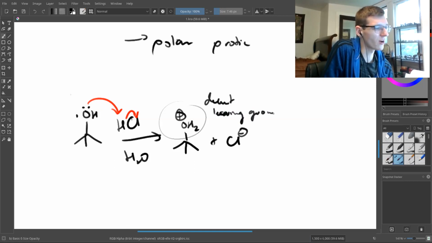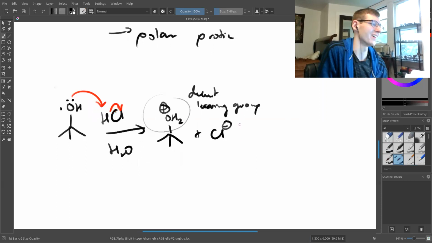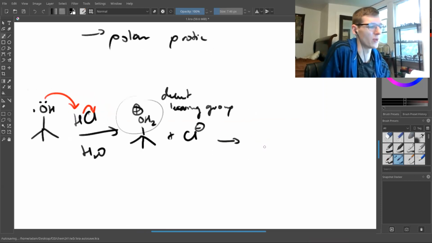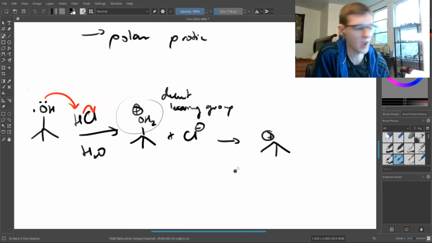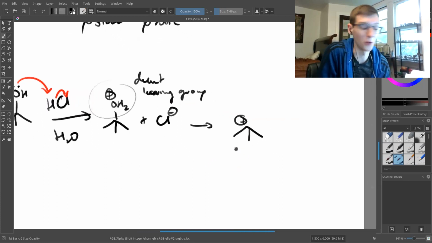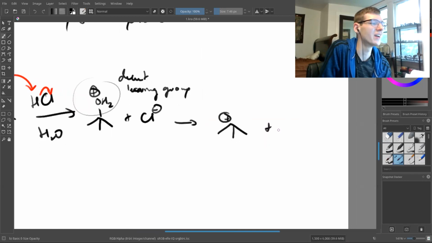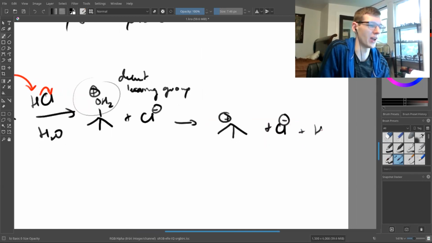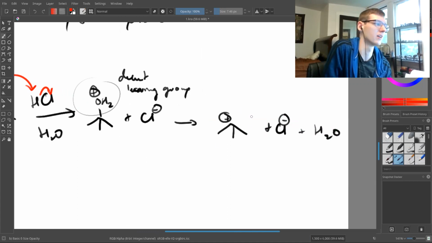I actually probably even called it a good leaving group. And now here we go. We could pull this thing off. This carbocation is good enough, it's serviceable. Here we go. And now we have a chloride ion and we have just more water. And okay, now we can go in.